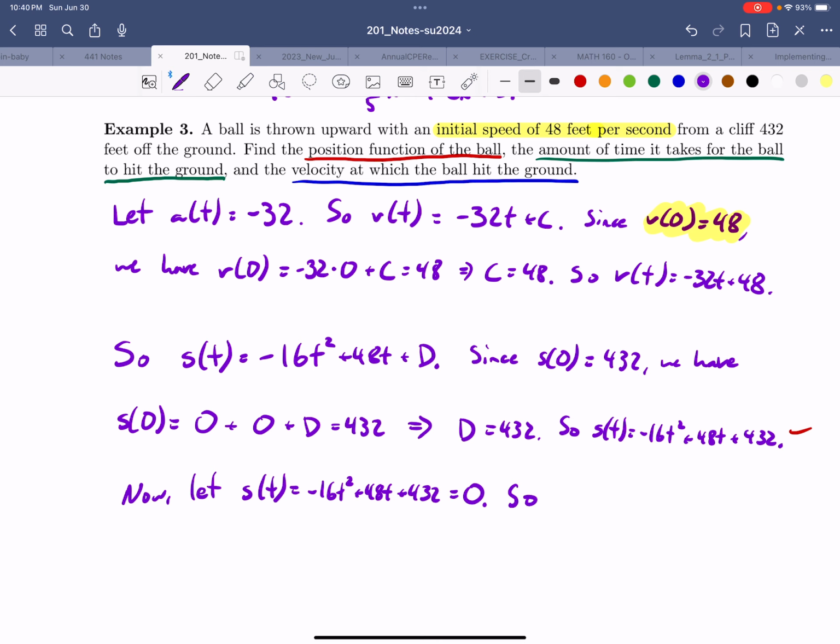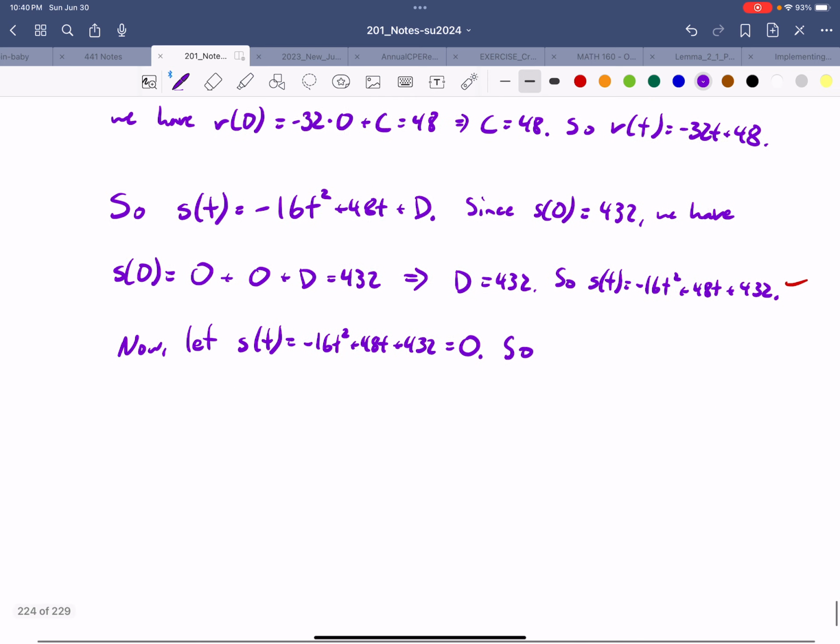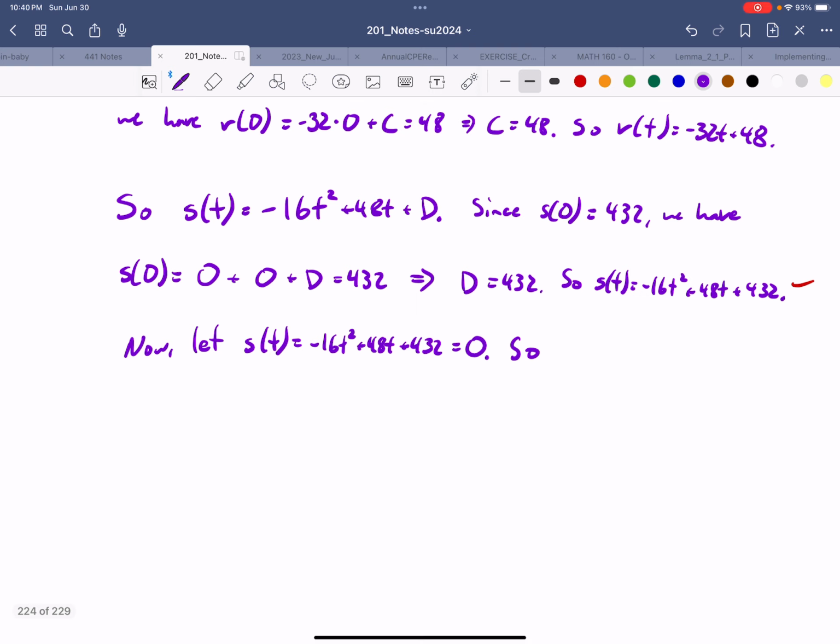If we solve for t, we can divide by negative 16, and we get t squared minus 3t, and 432 divided by negative 16 is going to be negative 27.